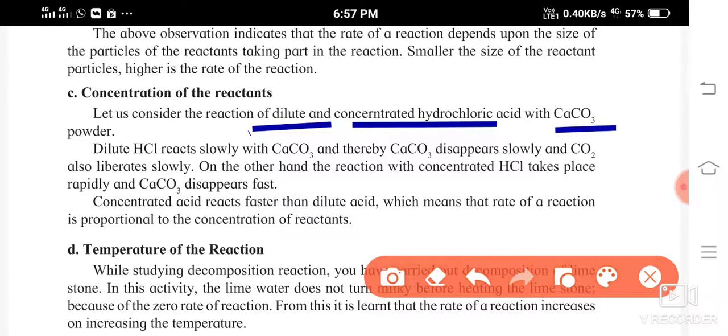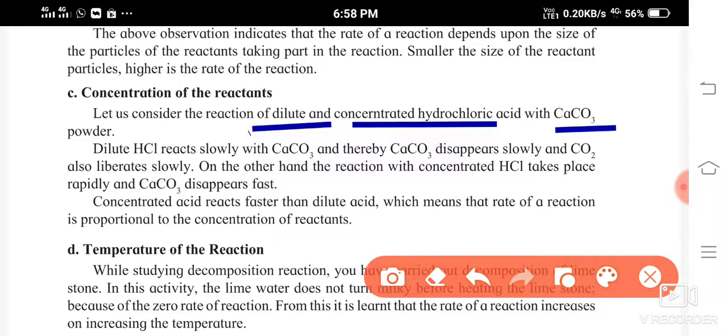Now see, dilute hydrochloric acid reacts slowly with calcium carbonate, and thereby calcium carbonate disappears slowly, and carbon dioxide also liberates slowly. On the other hand, the reaction with concentrated hydrochloric acid takes place rapidly, and calcium carbonate disappears fast.